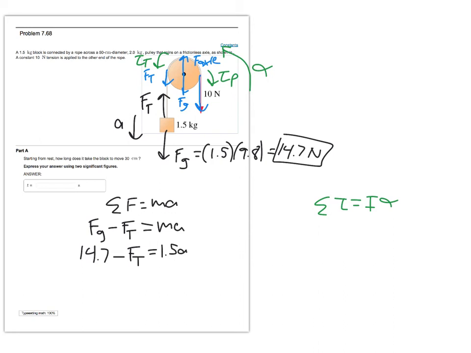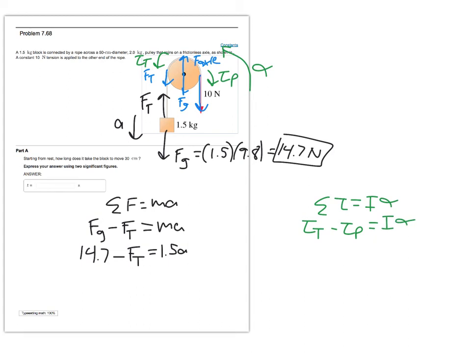I can do the same thing with my torques. I'm going to have the torque of tension minus the torque from that 10 newton pulling force, and here I'm making the direction of the angular acceleration positive once again, equal to I alpha.